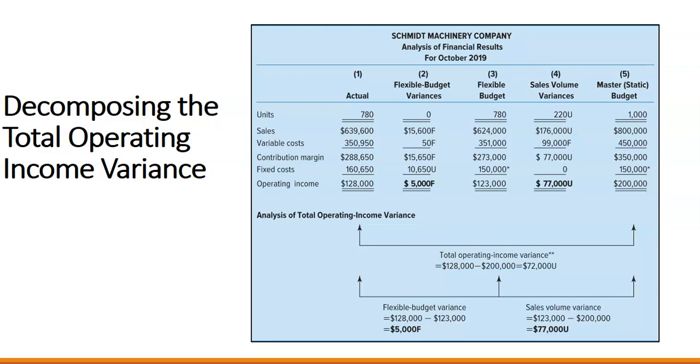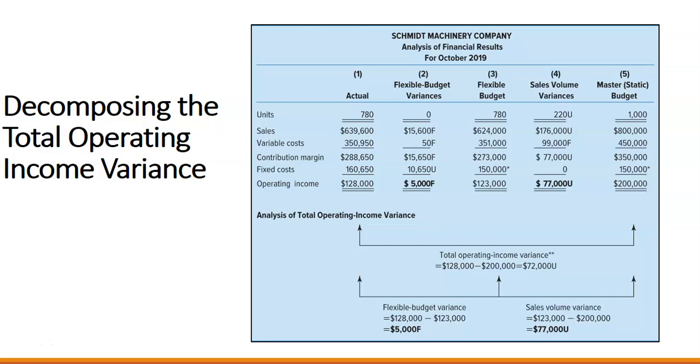Our flexible budget variance is actually a favorable variance. When we compare 780 units of actual results to what 780 units would have looked like in flexible results, we can see that we actually had favorable results, with the exception of our fixed costs.